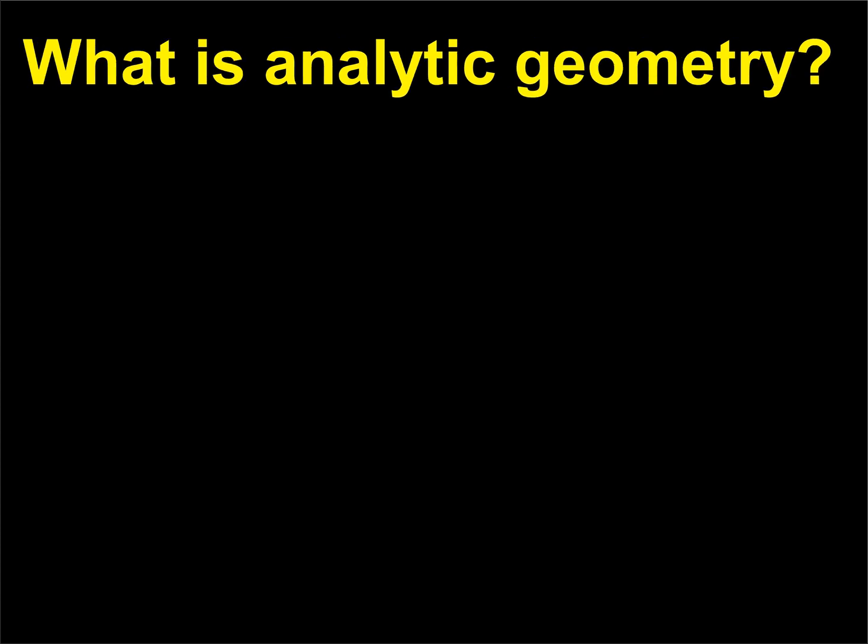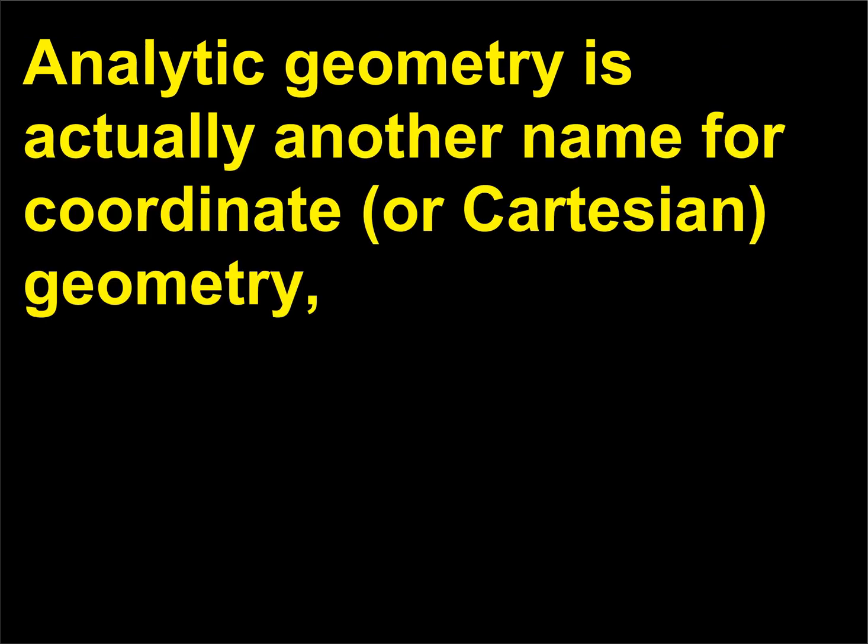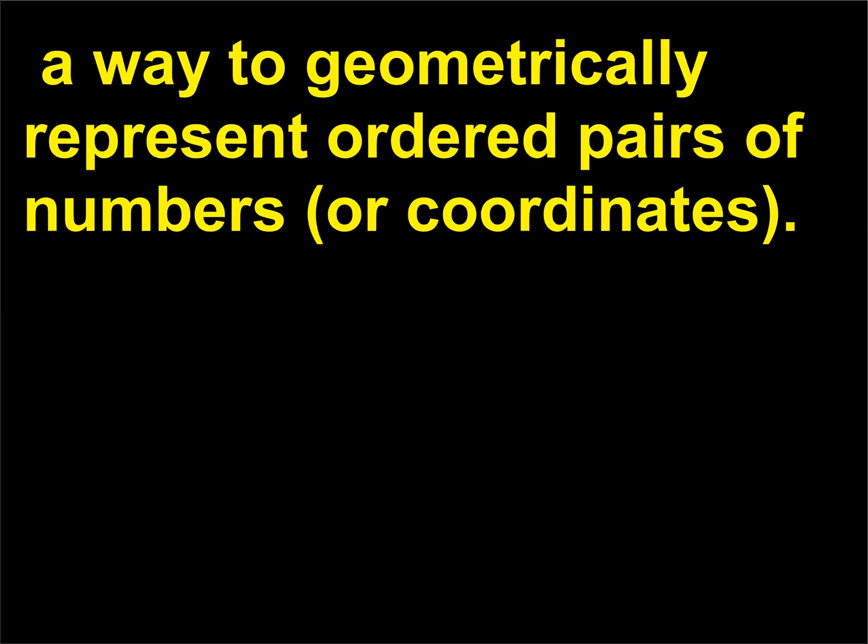What is analytic geometry? Analytic geometry is actually another name for coordinate, or Cartesian, geometry. A way to geometrically represent ordered pairs of numbers, or coordinates.